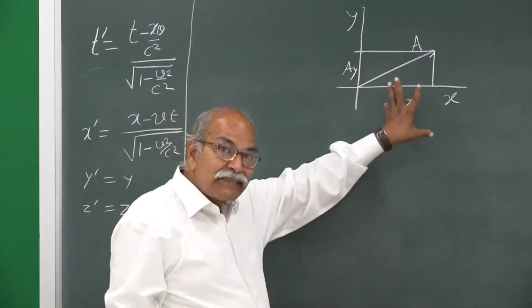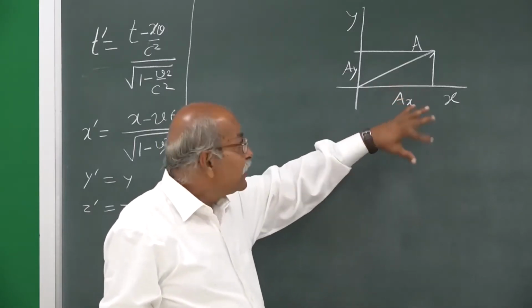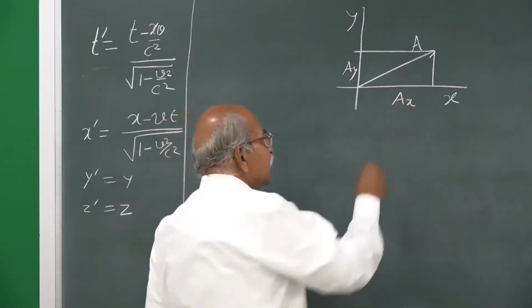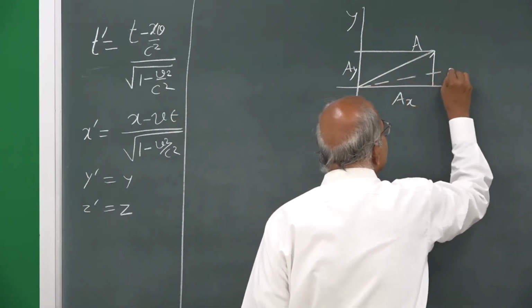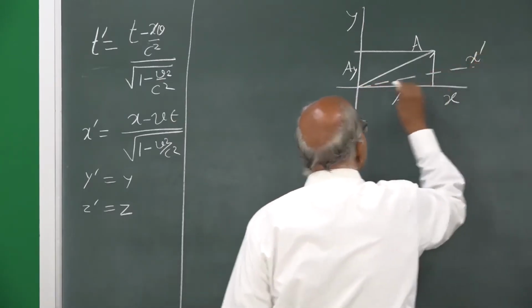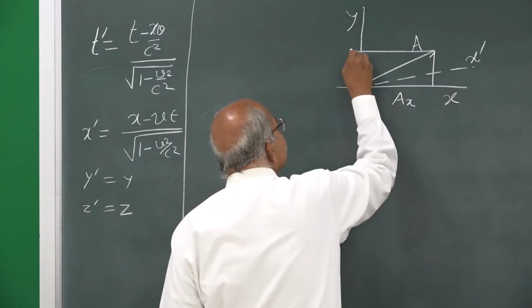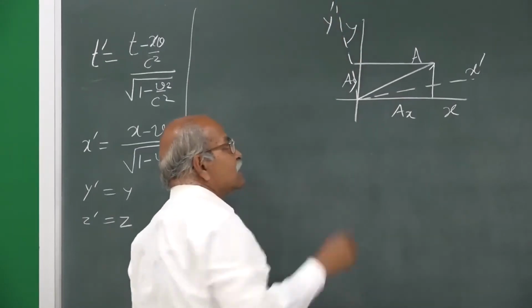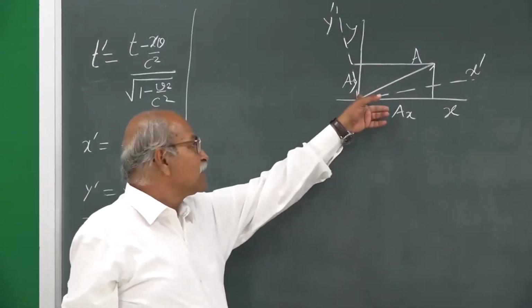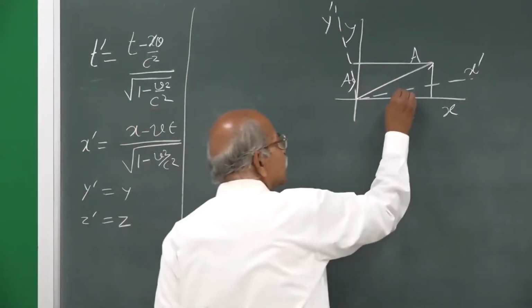But if you rotate these axes and go to some other axis, let us say this is the new axis, this is x prime and this is y prime. So, we have rotated our axis system about the z axis, common z axis, and say this angle is theta.